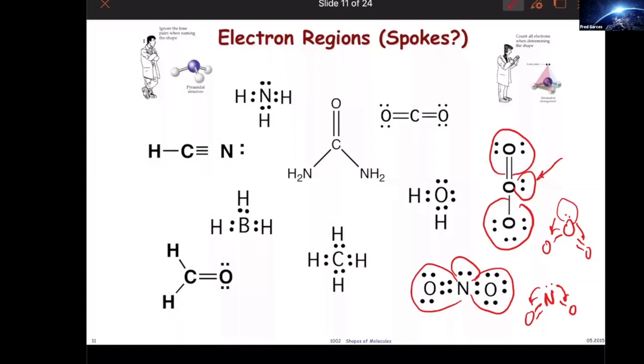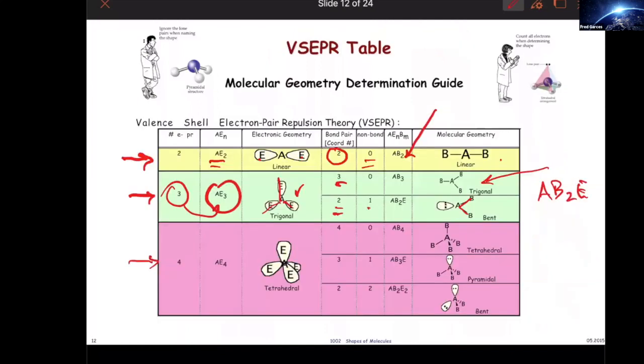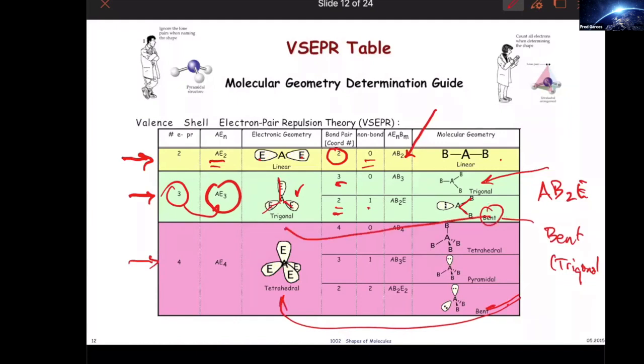That's why it's called bent. And then we also have to say it's bent trigonal, because there's also a bent structure in here, but that bent structure comes from a tetrahedral. This bent structure comes from a trigonal skeleton. So we have to distinguish one bent geometry from another bent geometry. So I hope you're hanging with me, okay?